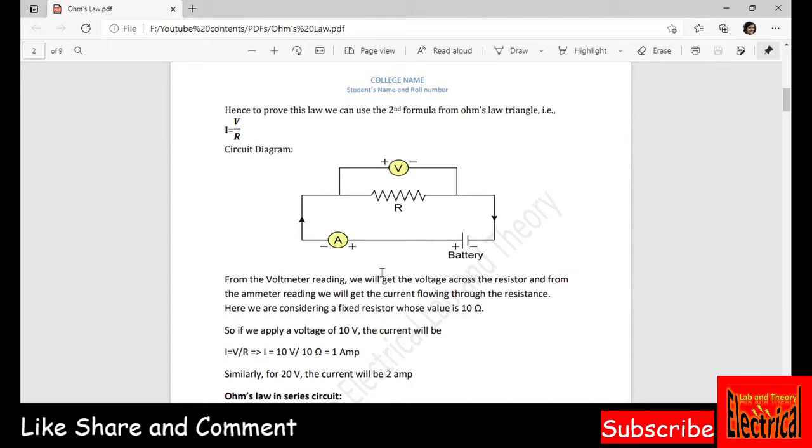Means the voltmeter has some internal resistance, so we are just measuring the voltage drop across that resistor. We are not measuring the actual voltage across the resistor. So that's why we always connect the voltmeter across the element and the ammeter in series with the element.